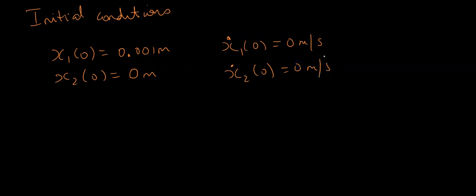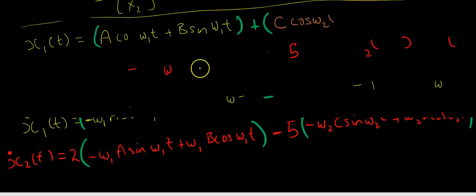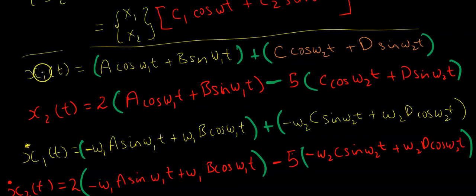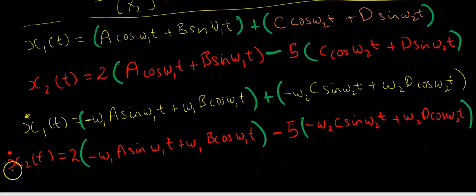So essentially I have 4 initial conditions, and from the expressions I derived for x1, x2, x1 dot, x2 dot, I have 4 unknowns as well: A, B, C, D. So I have 4 knowns and 4 unknowns, and therefore I can go ahead and solve it as a set of simultaneous equations.